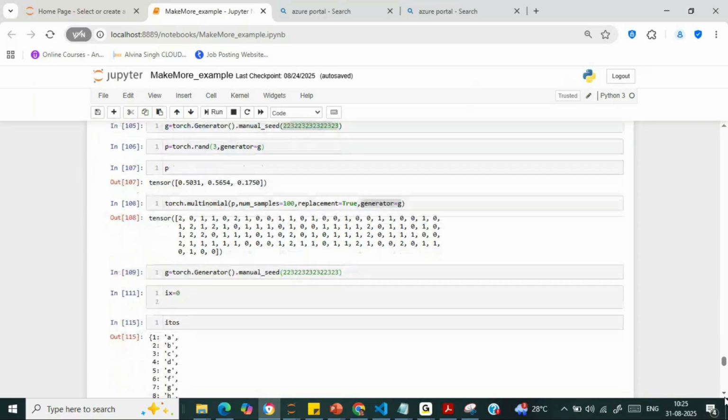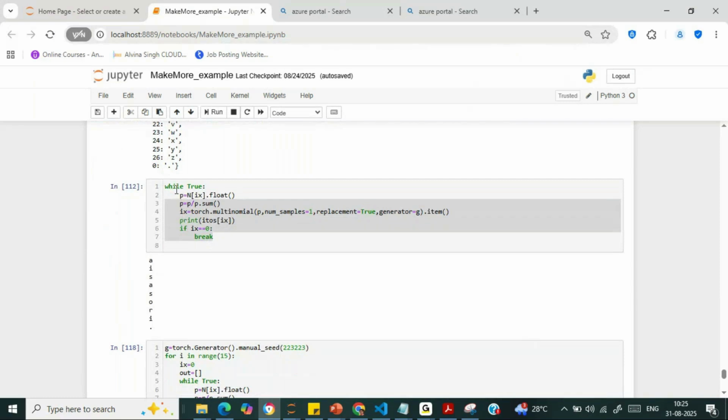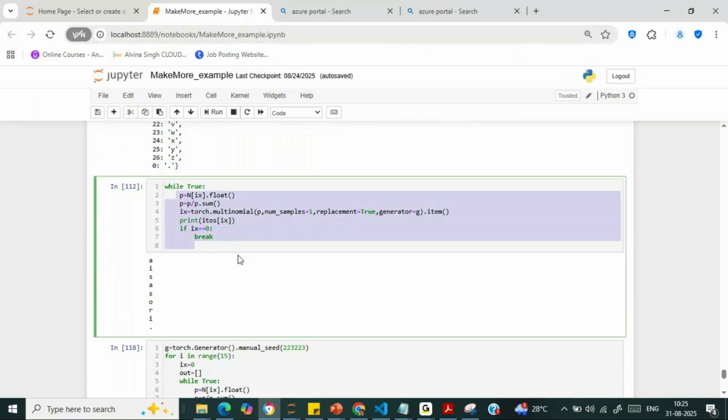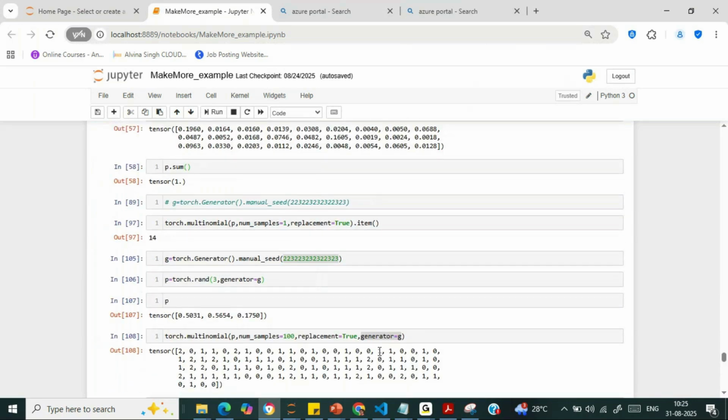Based upon this, what I have done is I have calculated the words. I have calculated the names. I try to find out the names, until the true condition is there, with p, that is the probability of one row. I have converted it to float, the same stuff mentioned over here. I have taken one row.